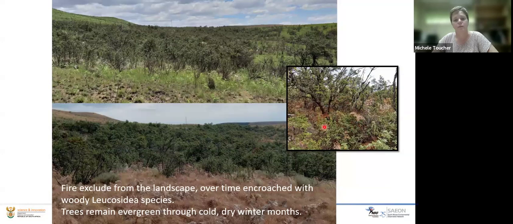And this is just a close-up image to give you an idea. So there's quite a lot of fine leaves and bark there. With the trees remaining evergreen, even in the dry winter months, they continue to transpire during that time, whereas the grass has stopped.